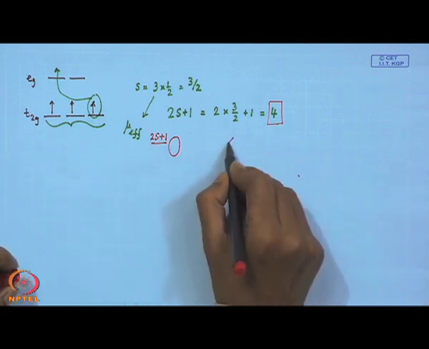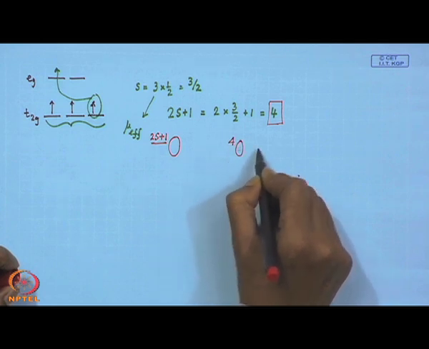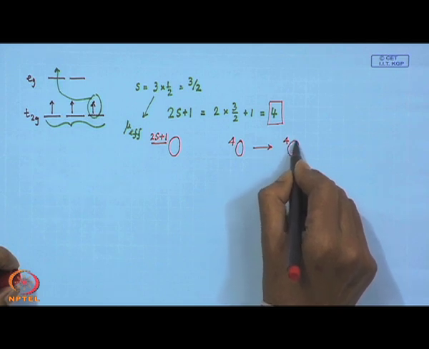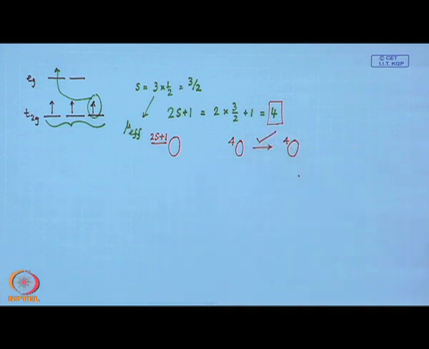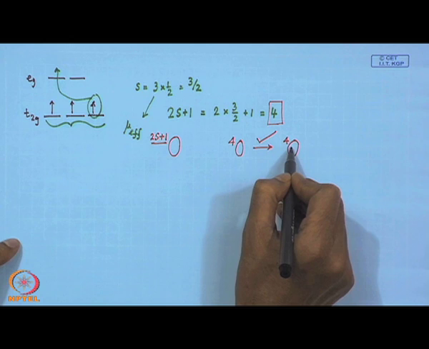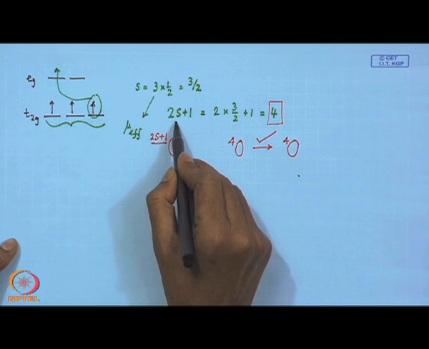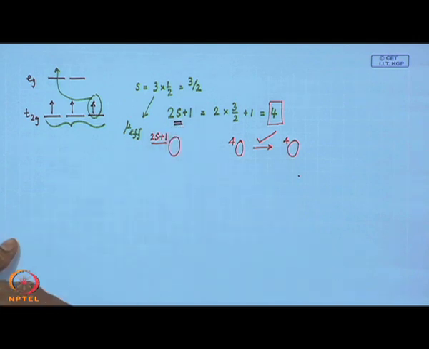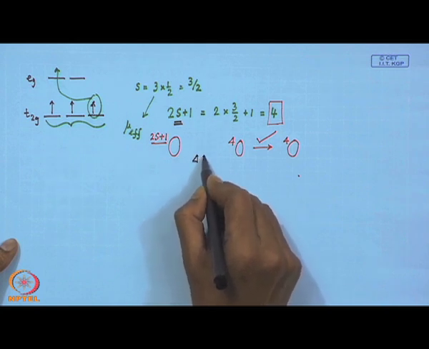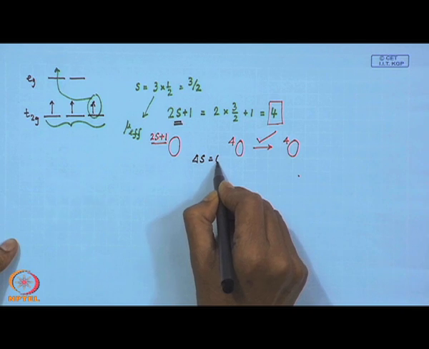That means we can have a transition from a spin multiplicity 4 state to another state having the same spin multiplicity, then that is allowed, which is the first rule from the Laporte selection. And since the spin multiplicity value equal to 4 is preserved, the S values are not changing from the ground state to the excited state due to the electronic transition. So, our delta S value would be equal to 0.